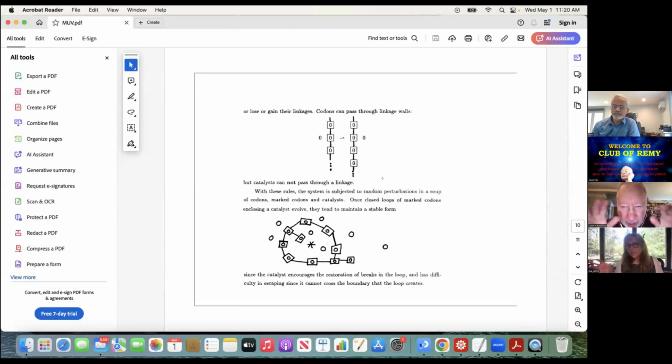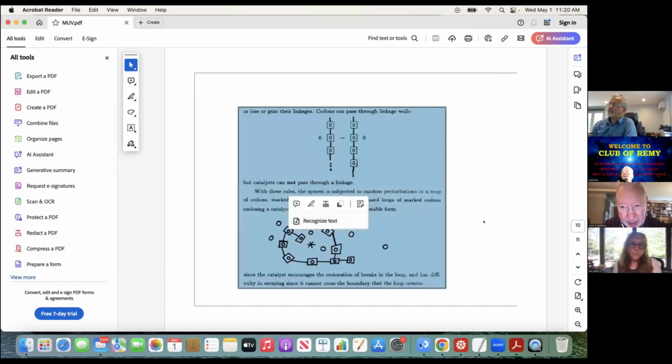So wait, let's slow this down a moment. I went to a different diagram, but it's the same picture, right? Catalyst linked. But this is happening in time, in that in their model it changes in discrete steps of time, or in a continuous idea of a model, the molecules are moving around, and they get near enough to one another to bind or to unbind, right?